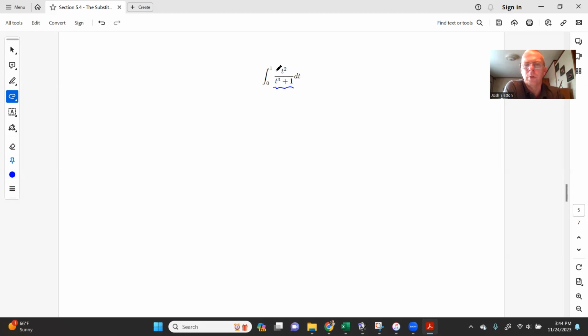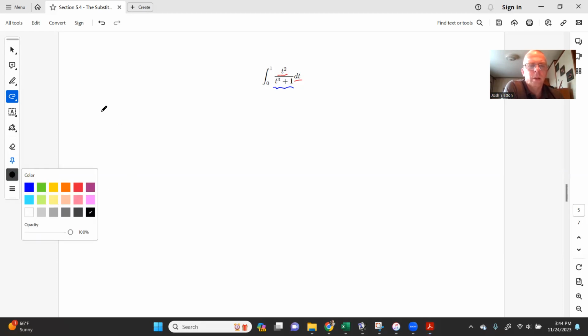The t squared is the important part, but you're going down in the exponent, so the higher exponent is going to be the u. And then the rest, just like the earlier ones that we saw, is going to be the red part, or the du part.